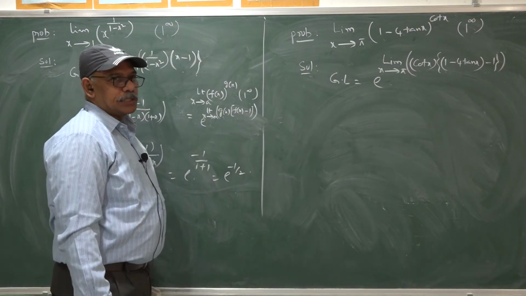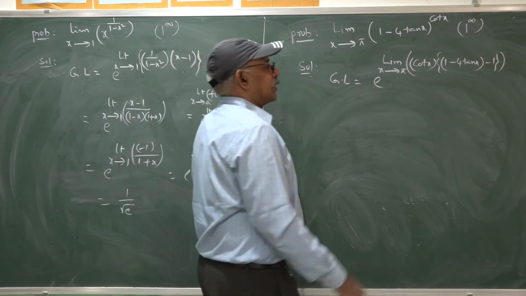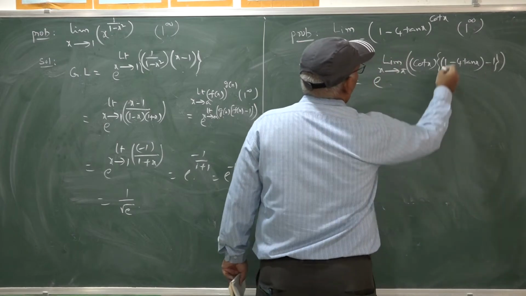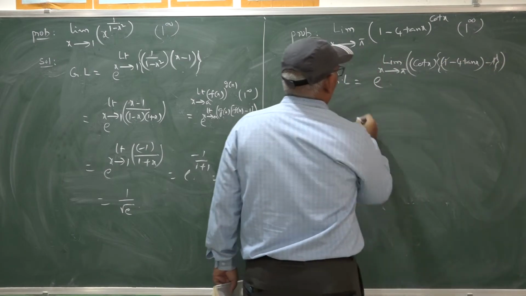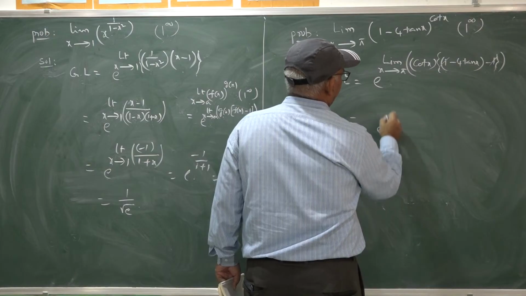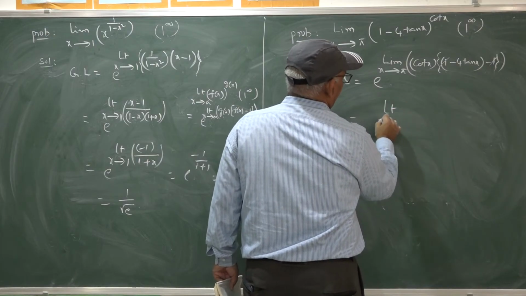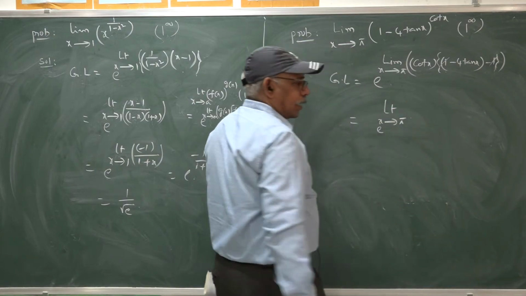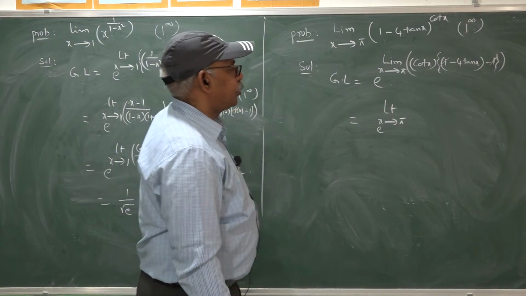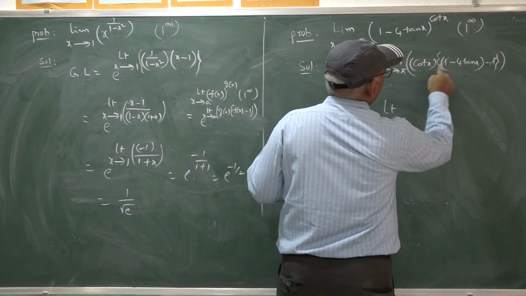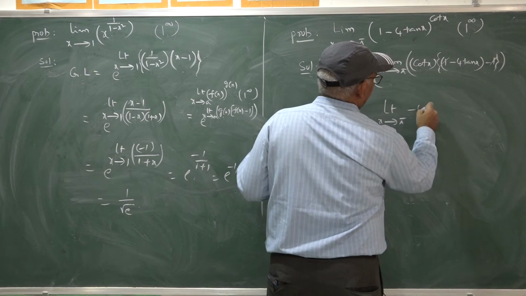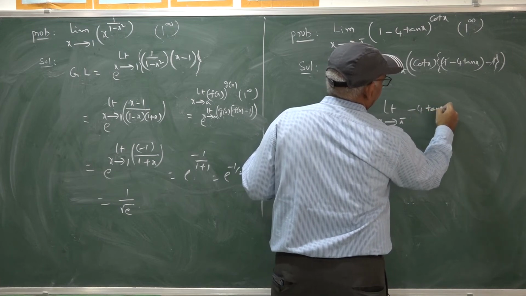Exponent function g x into f x minus 1, base function minus 1. You can remove this one, so that the limit reduces to the form e power limit as x goes to pi, cot x into minus 4 tan x, minus 4 tan x cot x.